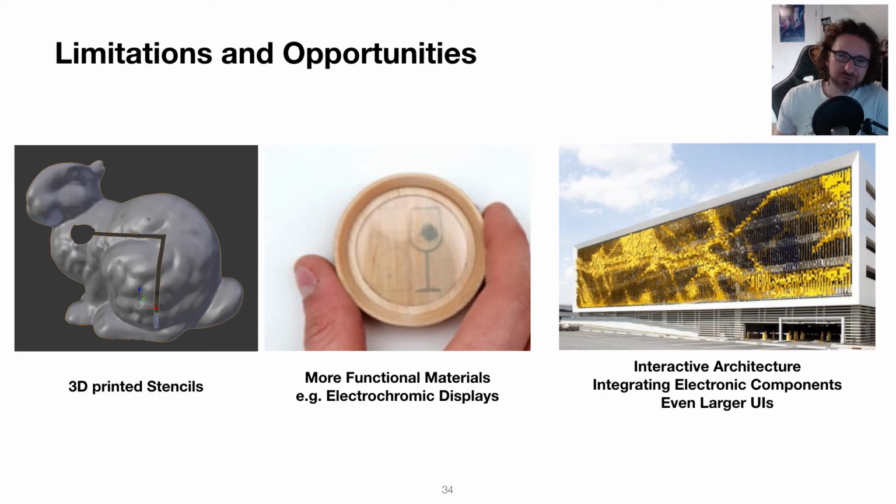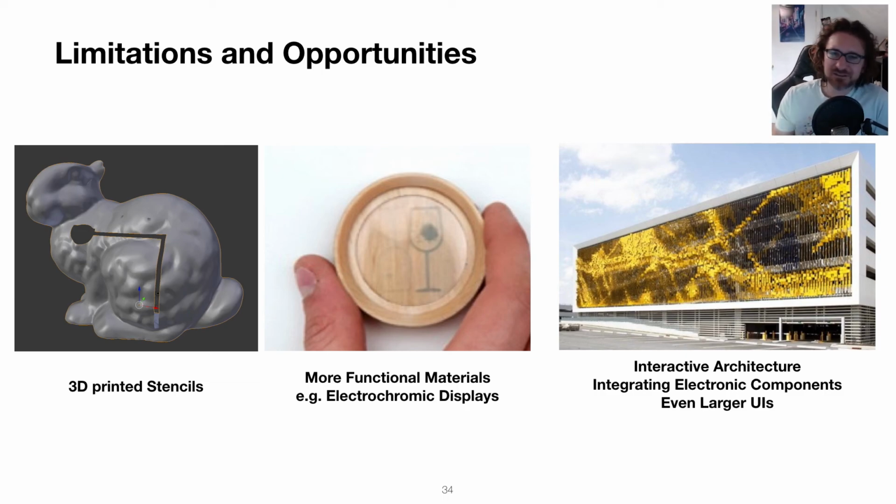So far we focused only on electroluminescent touch displays, but there are also other very interesting display technologies like electrochromic displays, with materials that are very likely to also be sprayable. And third, we are interested in interactive architecture, like in this example, where an architect implemented thousands of gold plates that are controlled with electric motors.